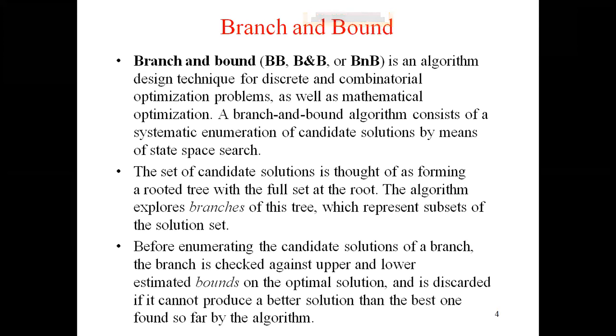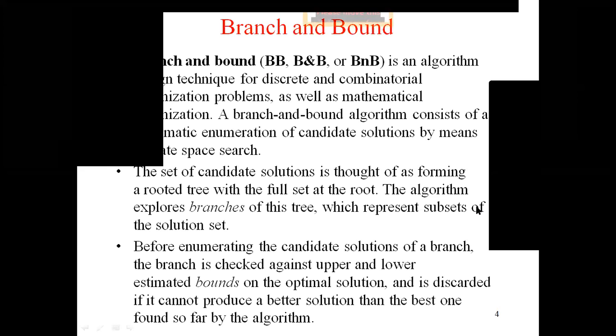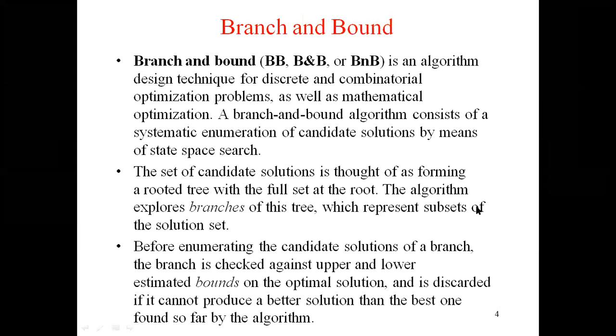So a branch and bound algorithm consists of a systematic enumeration of candidate solutions by means of state space search. So we are using the state space search and enumerating the candidate solutions.